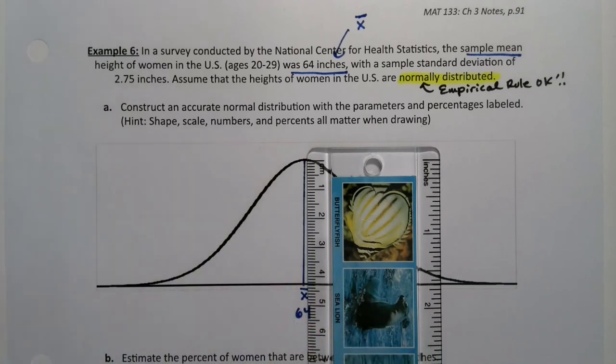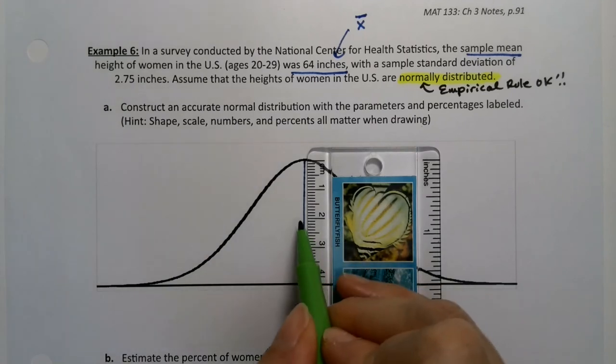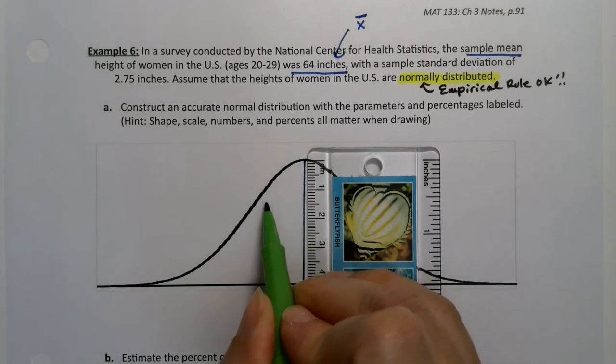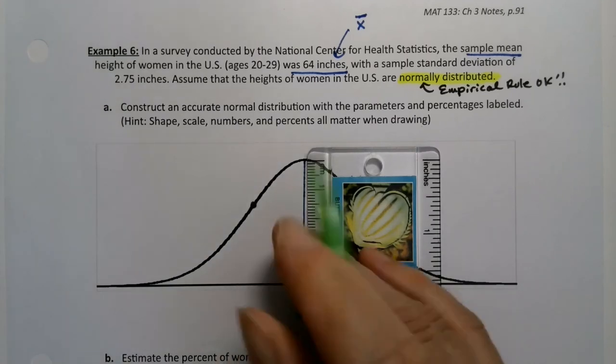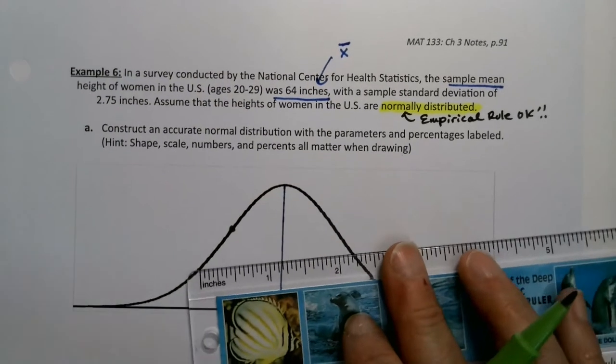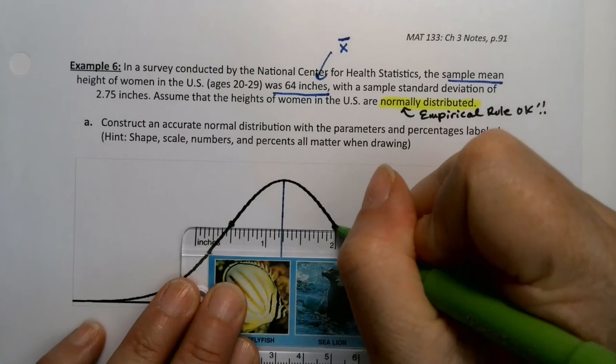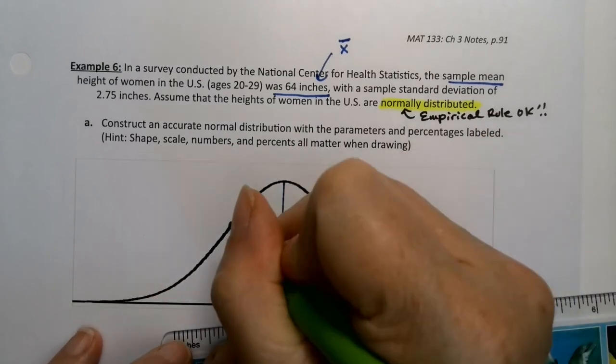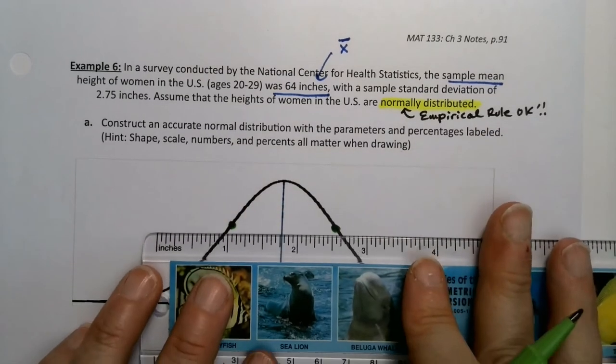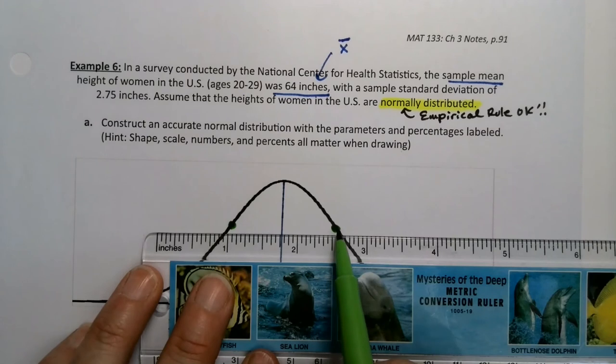Now, you're eyeballing it, but you're eyeballing it with intelligence, with a plan, which is that you want to go a little bit above halfway and have them be at the same height on either side.